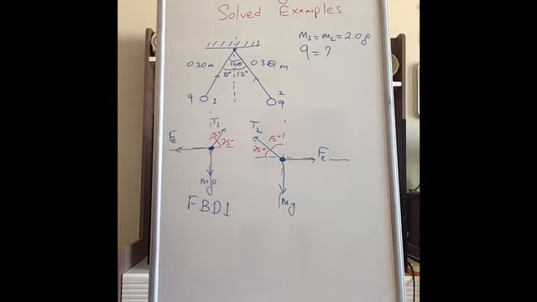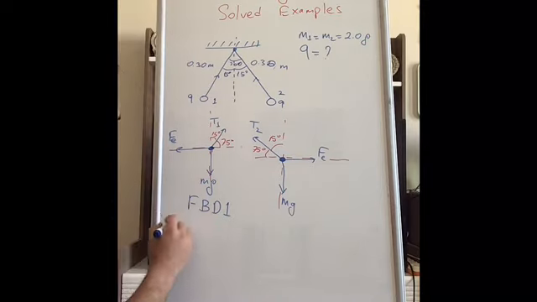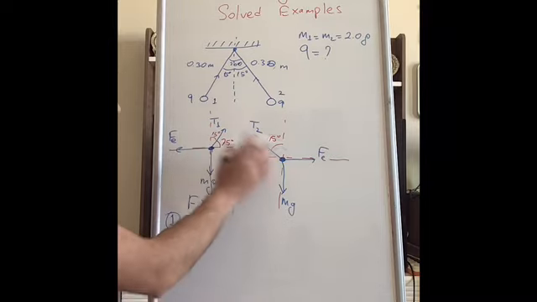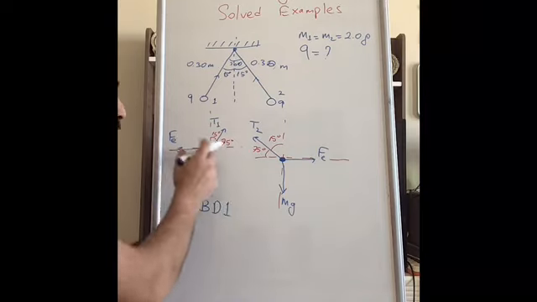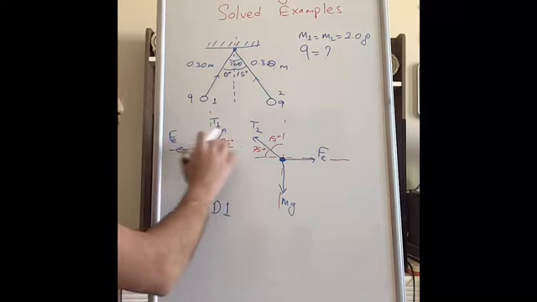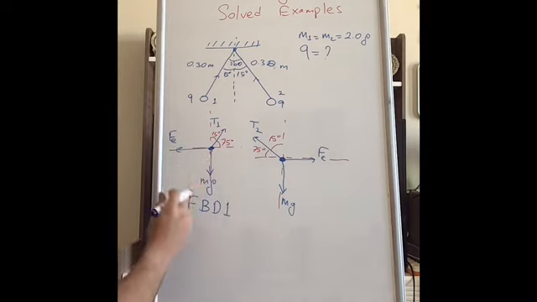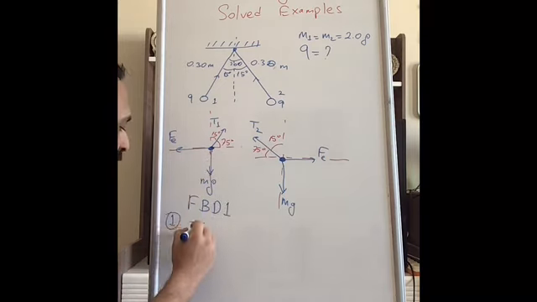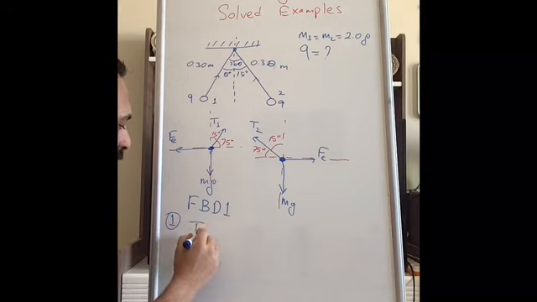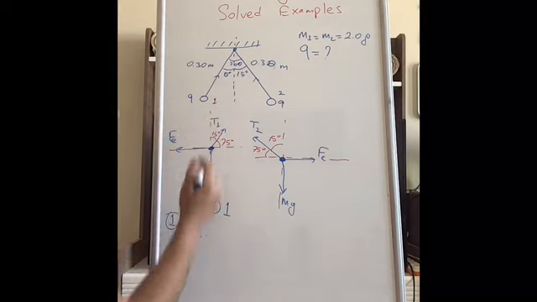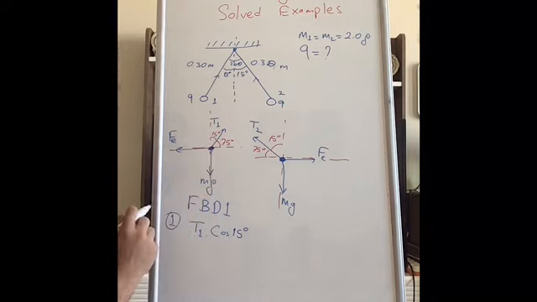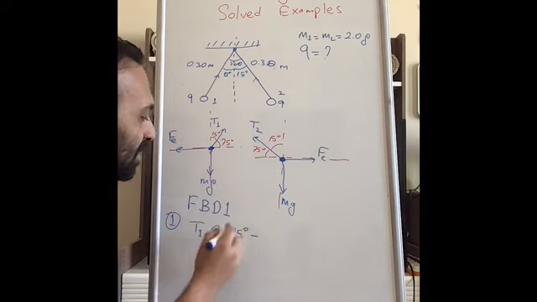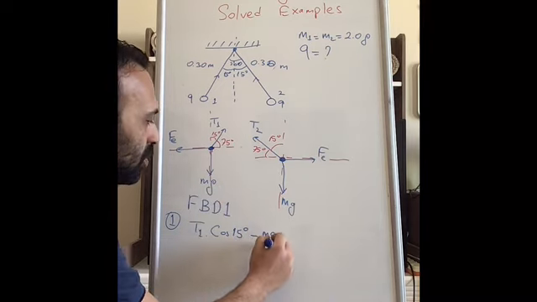All right, let us write the equations from the first free body diagram. Since they are in static equilibrium, the total force acting on each sphere should be zero. Along the y-axis, we have T1 times its vertical component, which is cosine 15 or sine 75 if you use 75, minus mg equals 0.